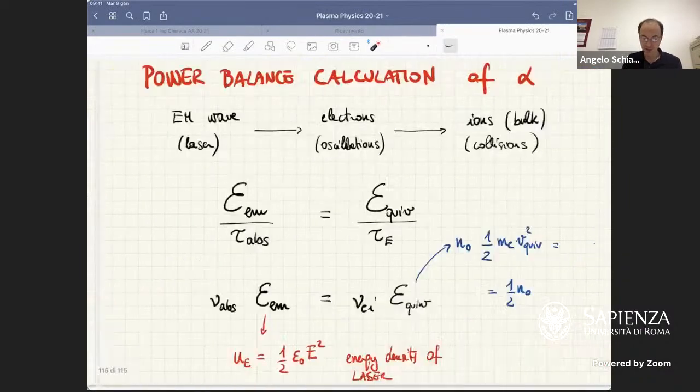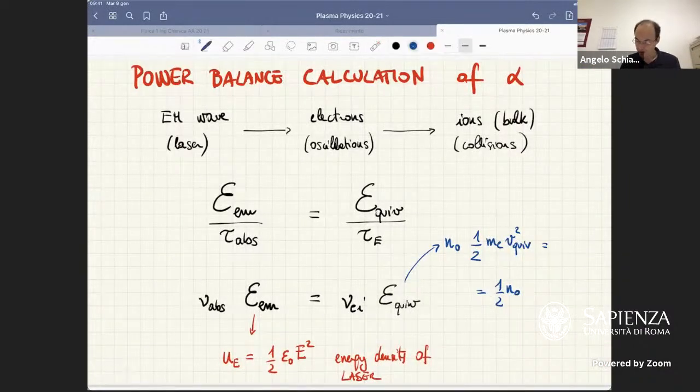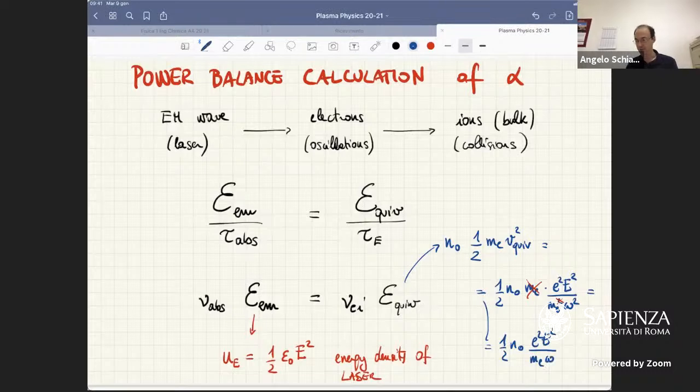So let's remember, we have m_e times e squared, charge, electric field squared, over m_e squared omega squared. We can simplify, take one mass out, and what's left is 1/2 N0 e squared E squared divided by the mass of the electron times omega squared, which is the angular frequency of the wave.